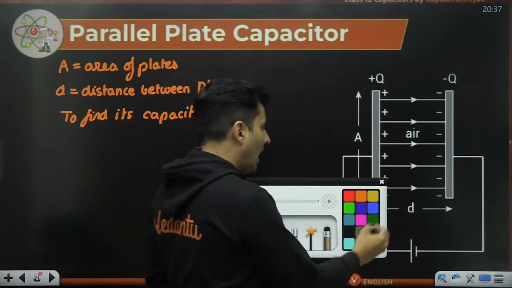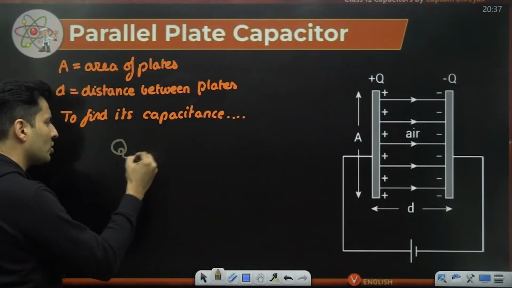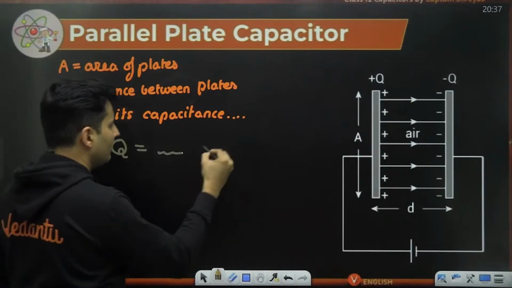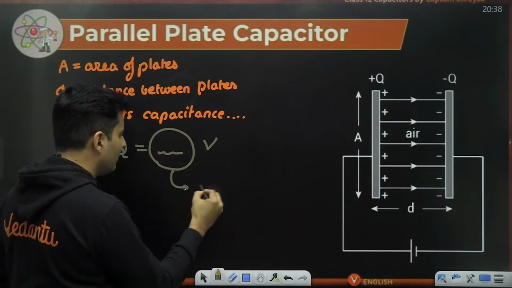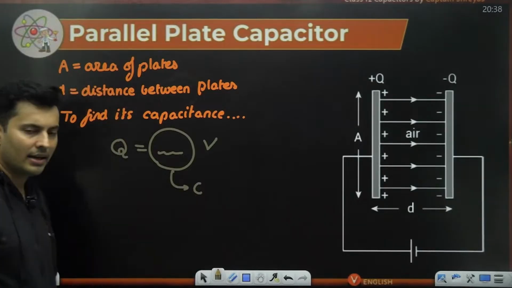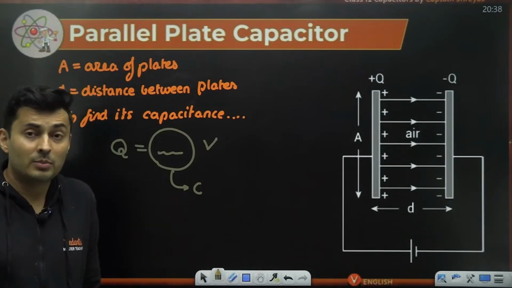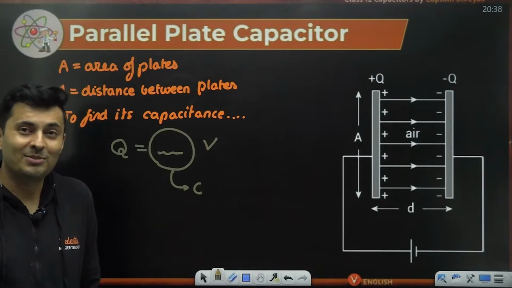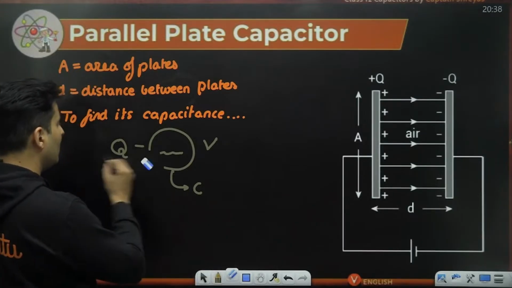I will keep one thing in the back of my mind. Somehow, if I show charge is something into voltage, whatever that something is will be the capacitance. Agree or disagree? Somehow, if I'm able to show charge is proportional to voltage, that constant of proportionality will become the capacitance.